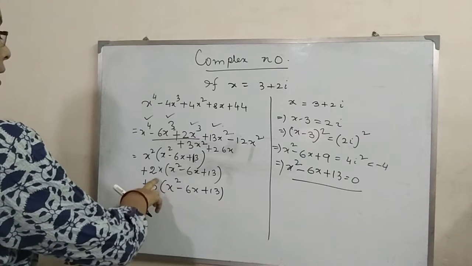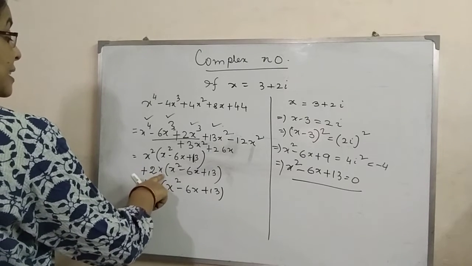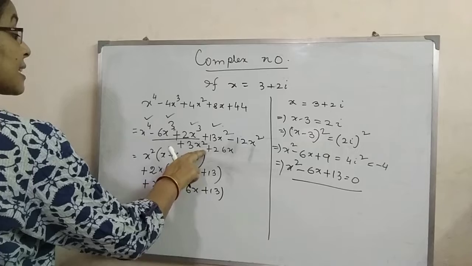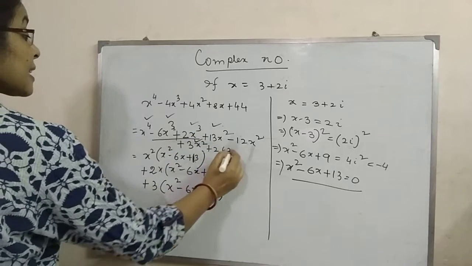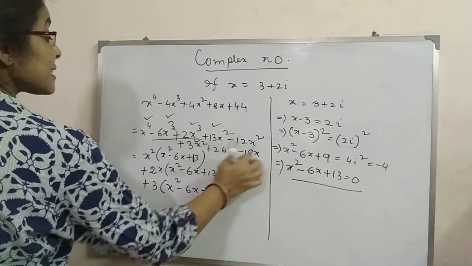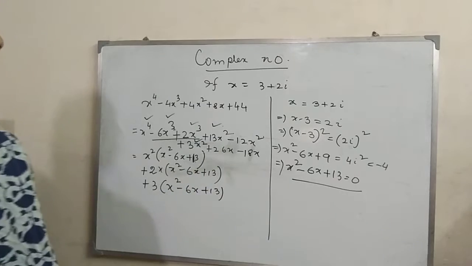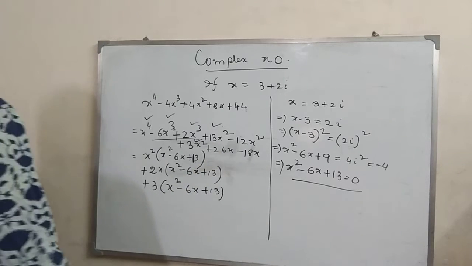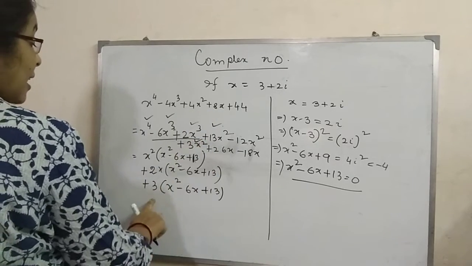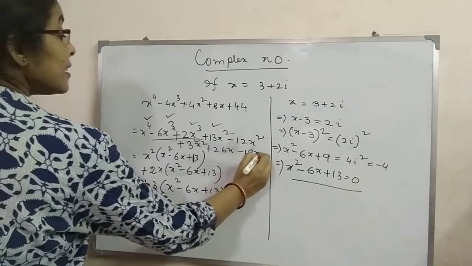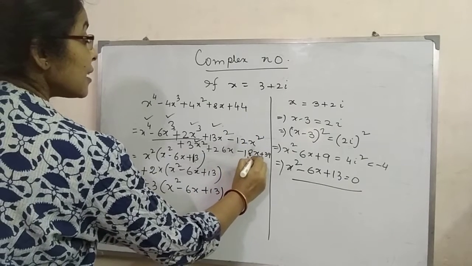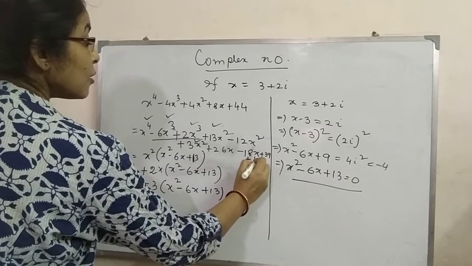Okay, 2x cube minus 12x square plus 26x plus 3x square minus 18x, that is 8x, which has already come, and 13 plus 39, I have 44, that is plus 5.